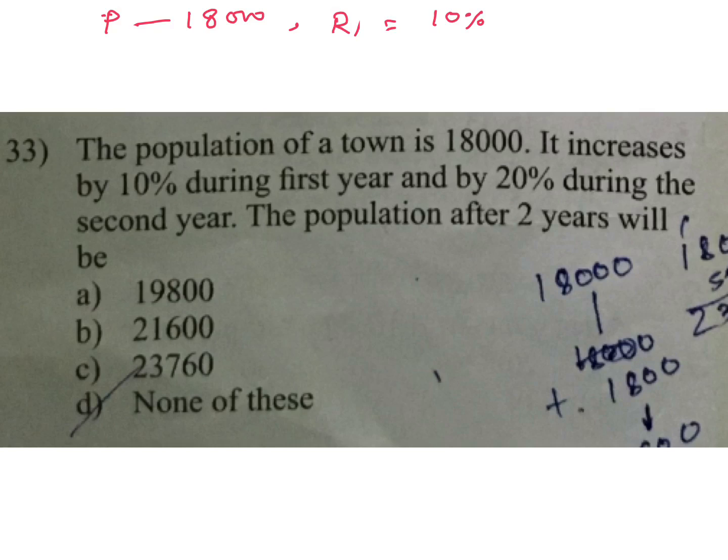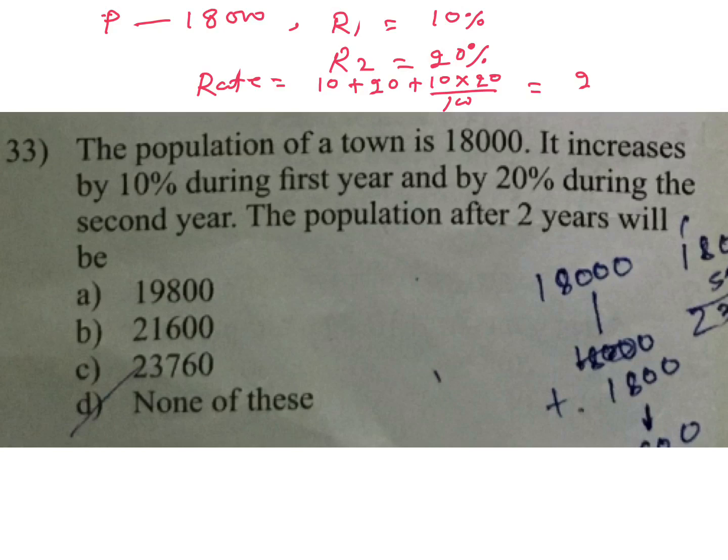So for 2 years combine you can rate, it's R1 plus R2 plus R1 into R2 by 100. So you can write 10 plus 20 plus 10 into 20 by 100. So you will get 32%.